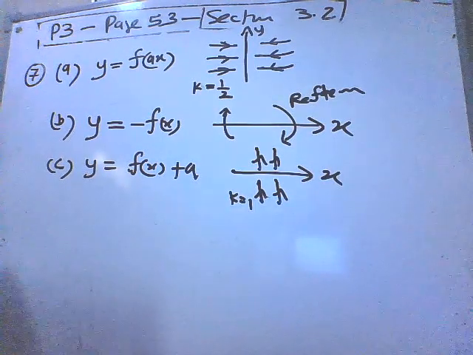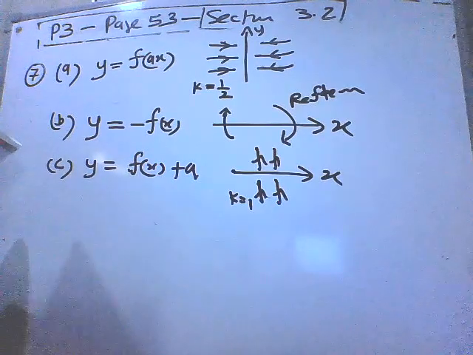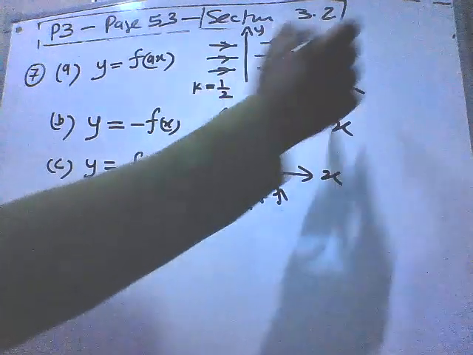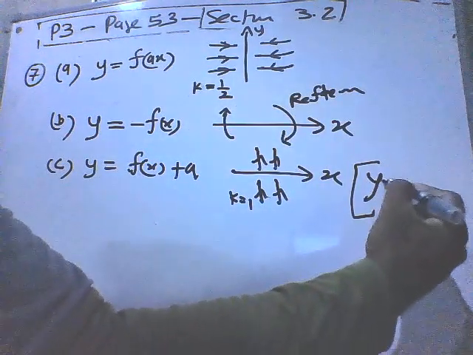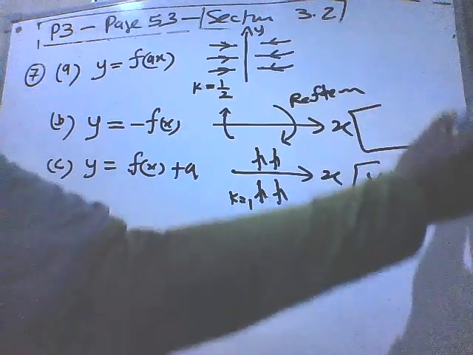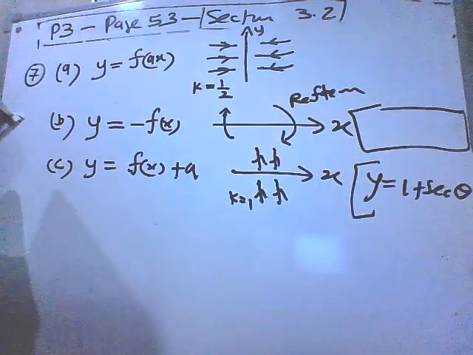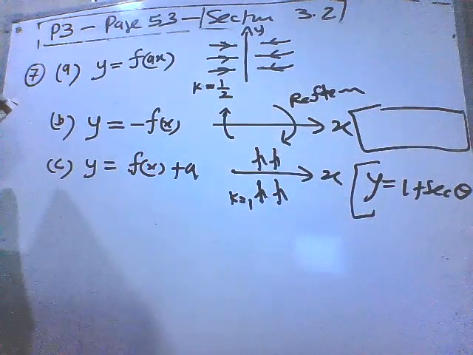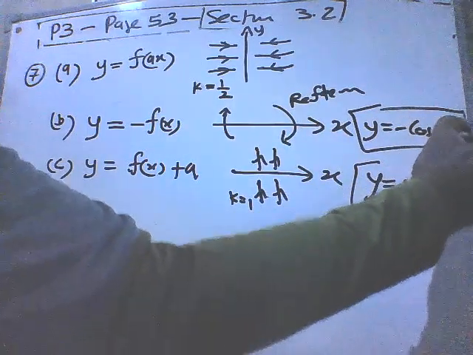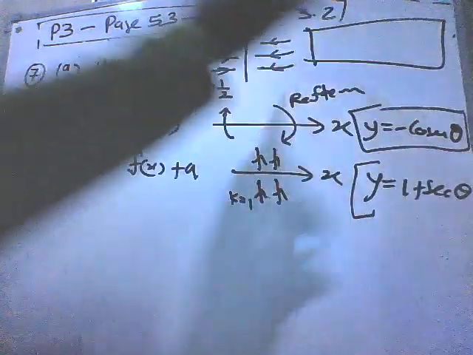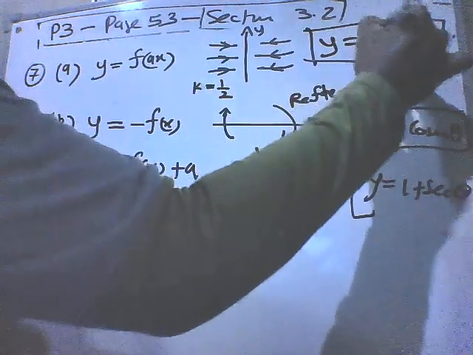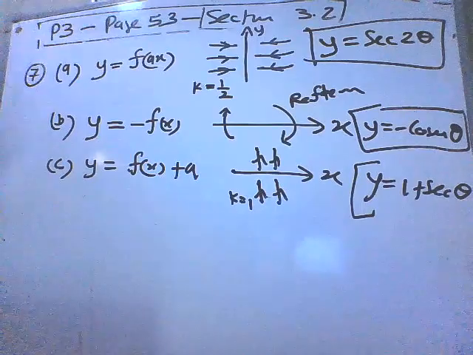So part C is y equals 1 plus sec theta. And this one is part B, y equals minus cosec theta. And this one is part A, y equals sec 2 theta.